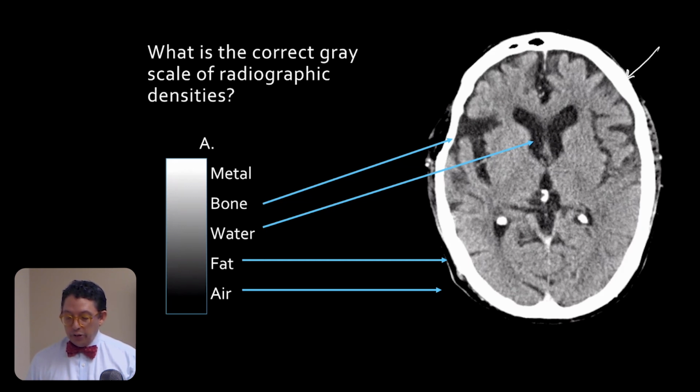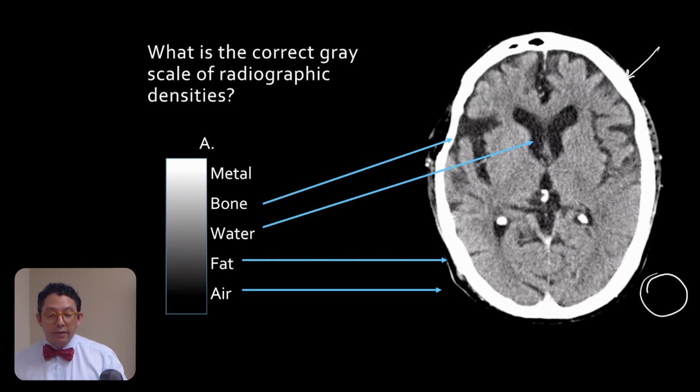And the darkest thing that you're seeing in this whole image is the air around the head. But then you have everything within the skull having a different density. Fluid inside of the ventricles is dark, but the gray and the white matter, the brain itself, is slightly denser than the fluid. It has more cells, it has increased molecular density.